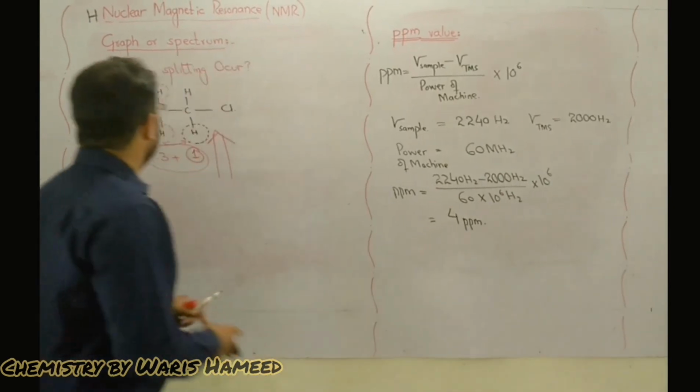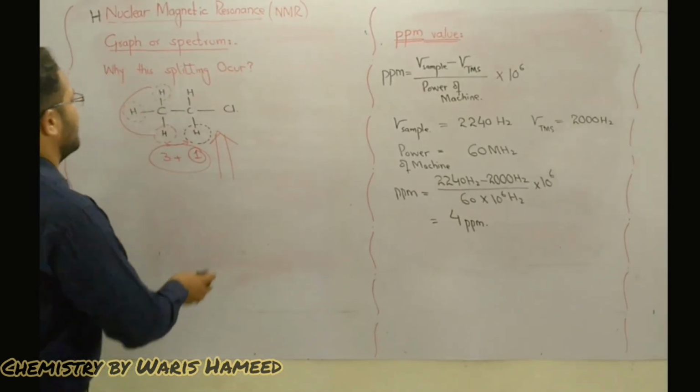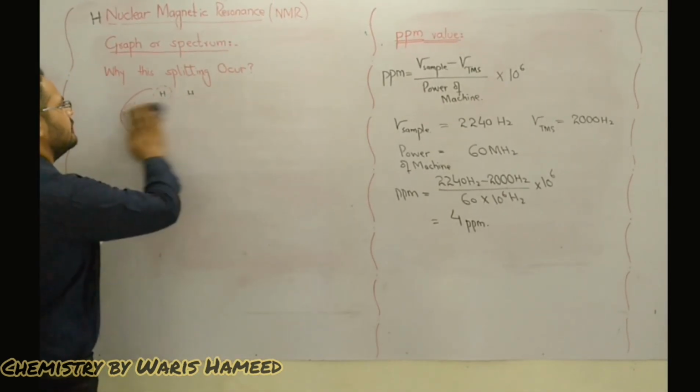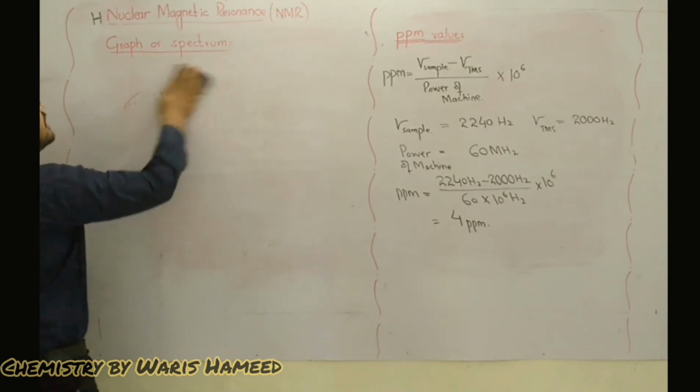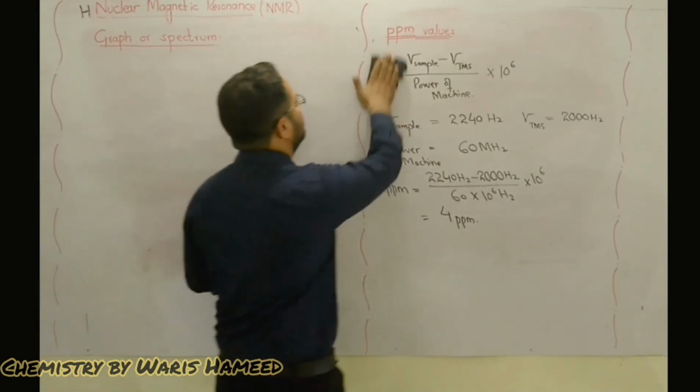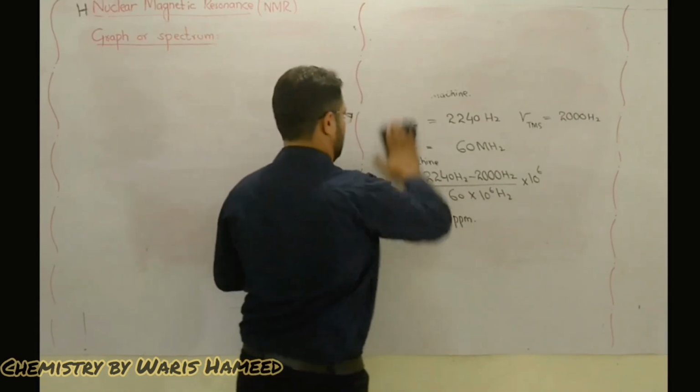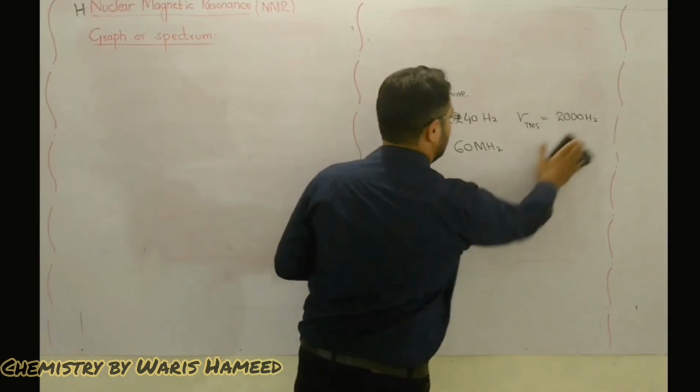Now some examples regarding nuclear magnetic resonance, the graph or spectrum for different examples.